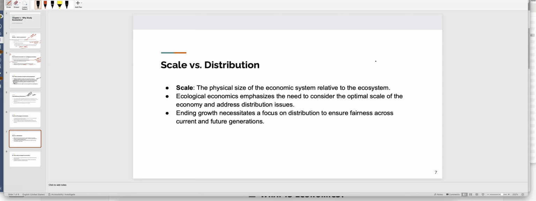The other thing that we need, we've already talked about this idea that in ecological economics there needs to be that focus on using value, let's just call it value judgments.